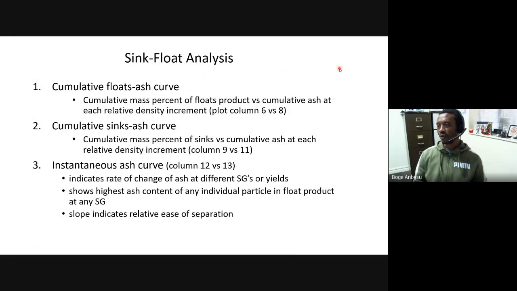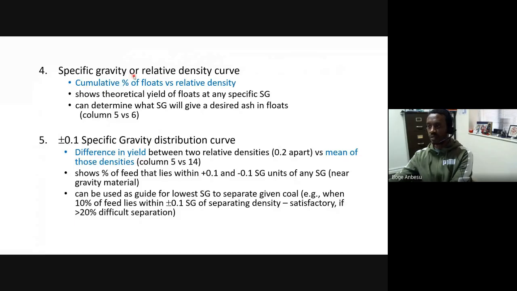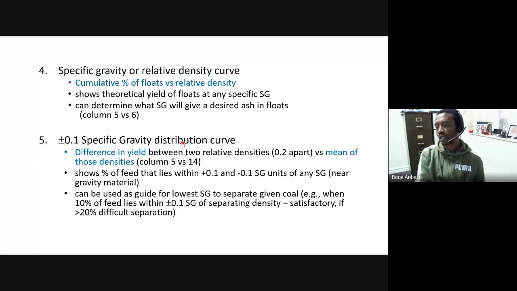So from a sink and float analysis that you have conducted, you could have a floats ash curve, for example, for coal, a cumulative sinks ash curve, again for coal, an instantaneous ash curve, a specific gravity or relative density curve, and a distribution curve. These all tell you different things.